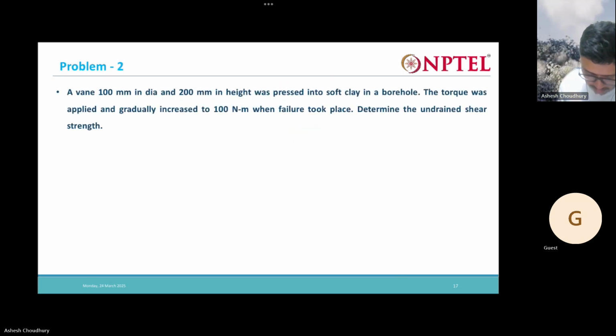So a vane 100 mm in diameter and 200 mm in height was pressed into a soft clay in a borehole. The torque was applied and gradually increased to 100 Newton meter when failure took place. Determine the undrained shear strength.